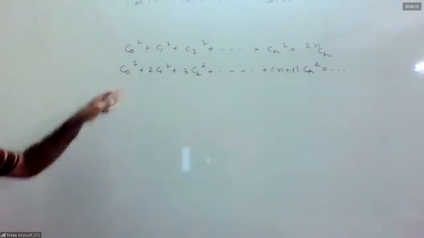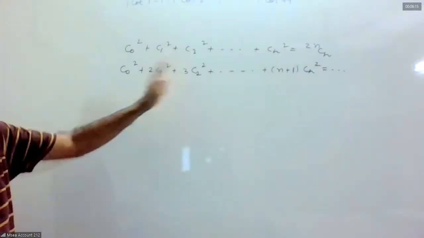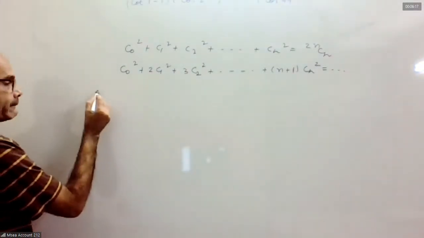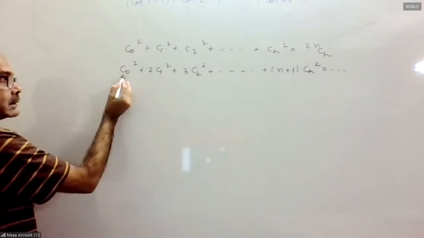See, here coefficients are multiplied by some constant. It means we have to differentiate the series. But if you differentiate directly, this term will vanish.